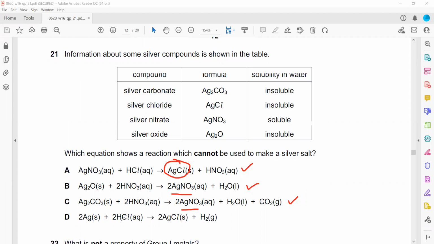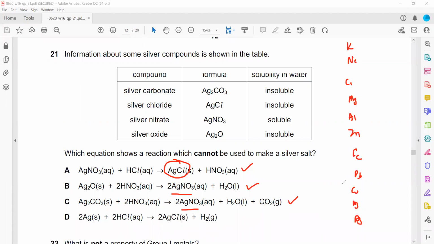But silver plus hydrochloric acid: if you remember the reactivity series, what is the reactivity series? We have potassium, sodium, calcium, magnesium, aluminium, zinc, iron, lead, copper, mercury, silver, gold, and platinum.